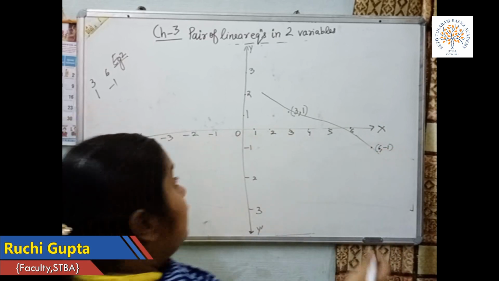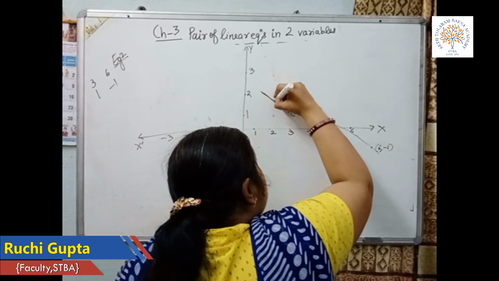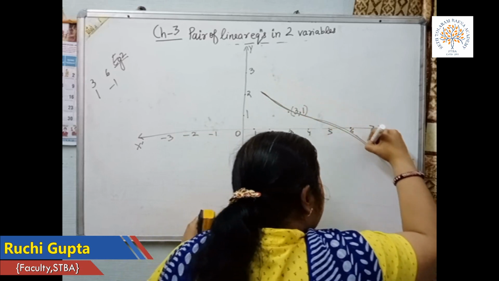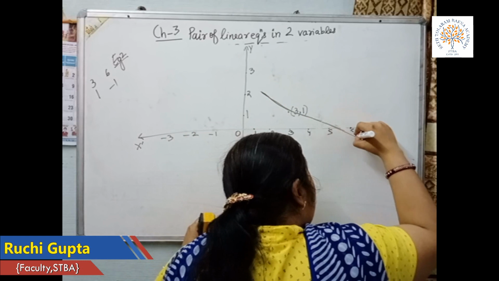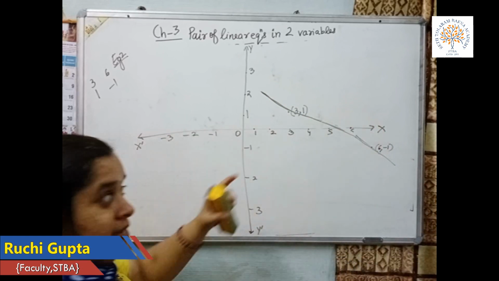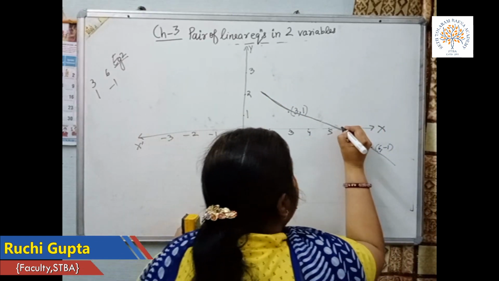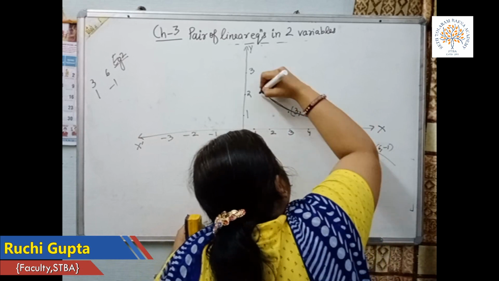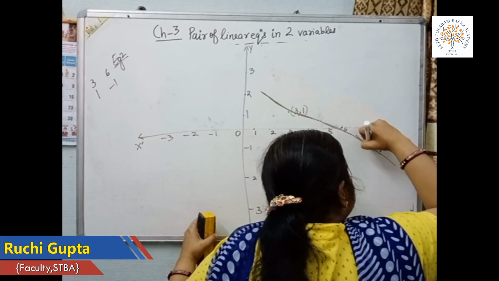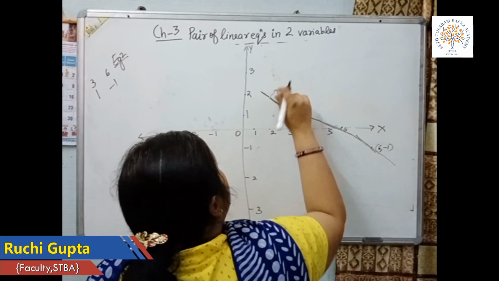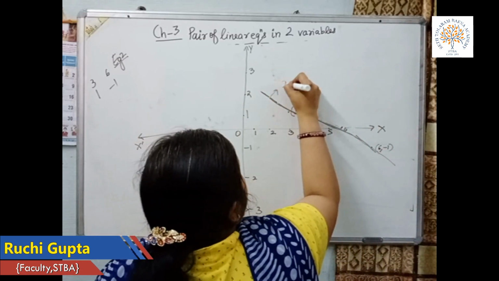And the second equation also has these points. So in that case also the graph goes like this only. So how can you represent this line? By overshadowing, by making a dark line. It means this is the graph of both the equations.